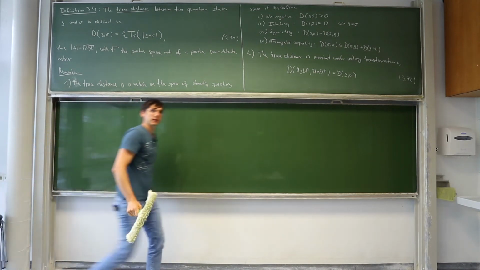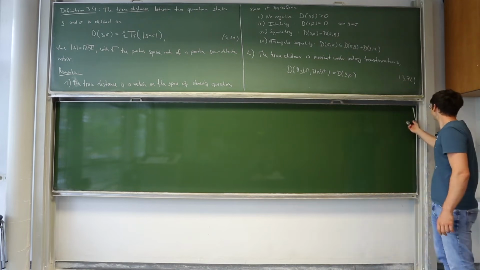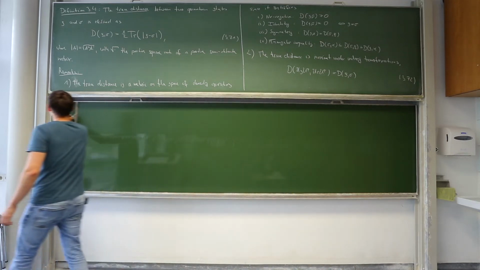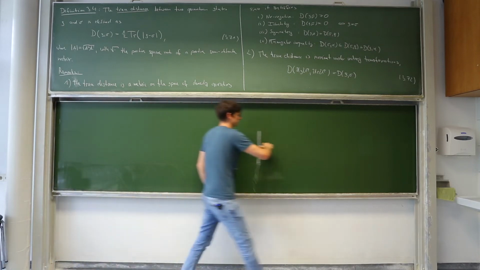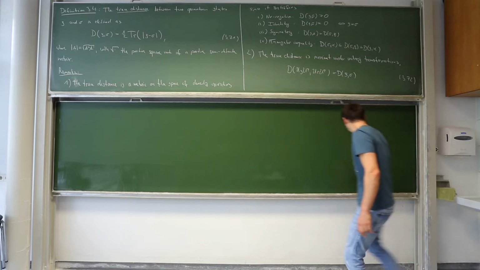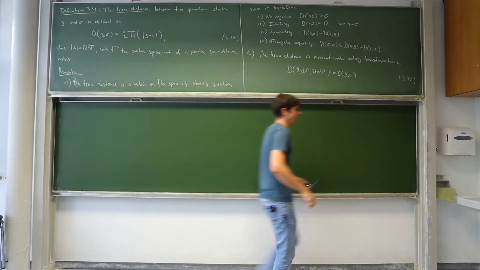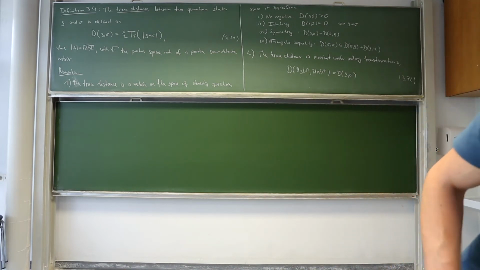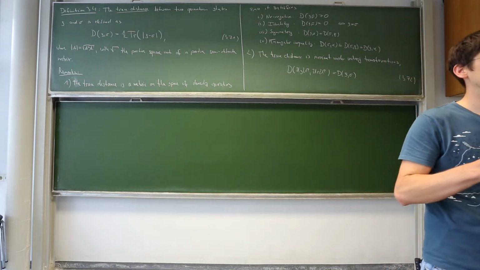The next remark that I'm going to state is quite interesting, because it already gives the first connection of the quantum trace distance and the classical trace distance. So think about what happens if rho and sigma commute, right?